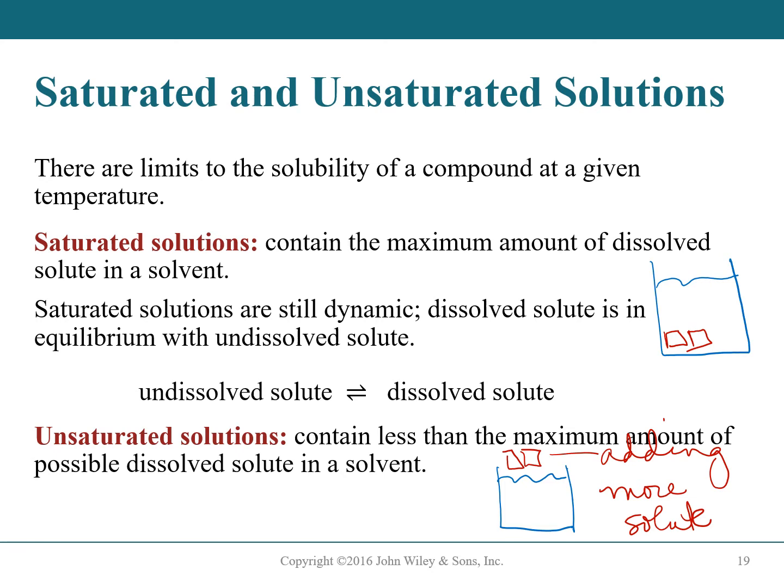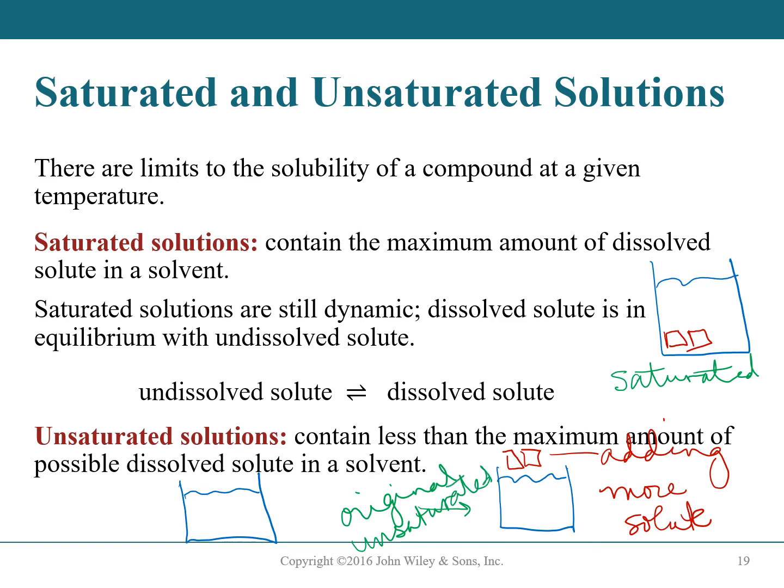That tells you you have a saturated solution. That solution can no longer hold any more solute. Okay, what happens if instead I add more solute and it just dissolves? That means that this original solution was unsaturated. It could still hold more solute. It didn't reach the maximum amount yet.